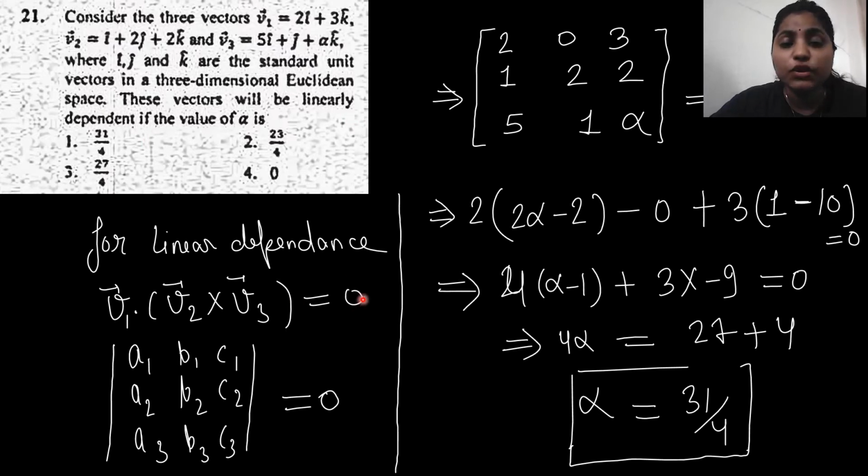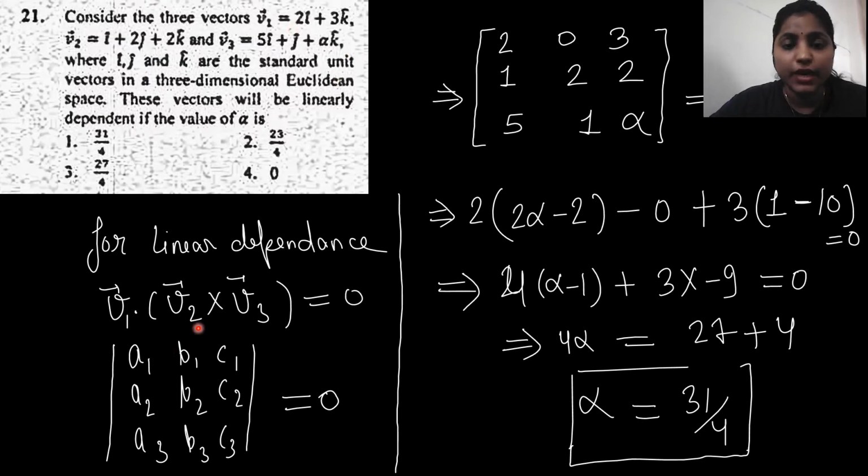Now the condition for linear dependence is V1 dot V2 cross V3 is equal to 0. And we can write this equation in the form of a matrix where A1, B1, C1 are the components of V1 vector in i or X, Y, Z directions.